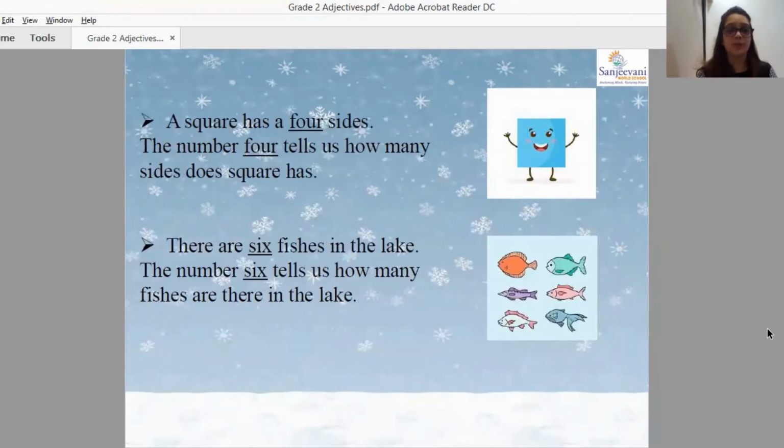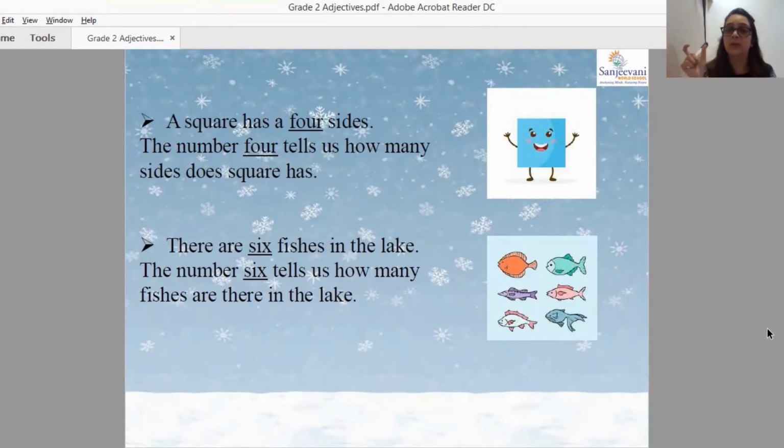The next option is a square has 4 sides. A square has 4 sides. So over here, the number 4 tells us how many sides the square has. We can use one more example, that is a triangle has 3 sides. So the number 3 is telling more about the triangle, more about the sides of the triangle.